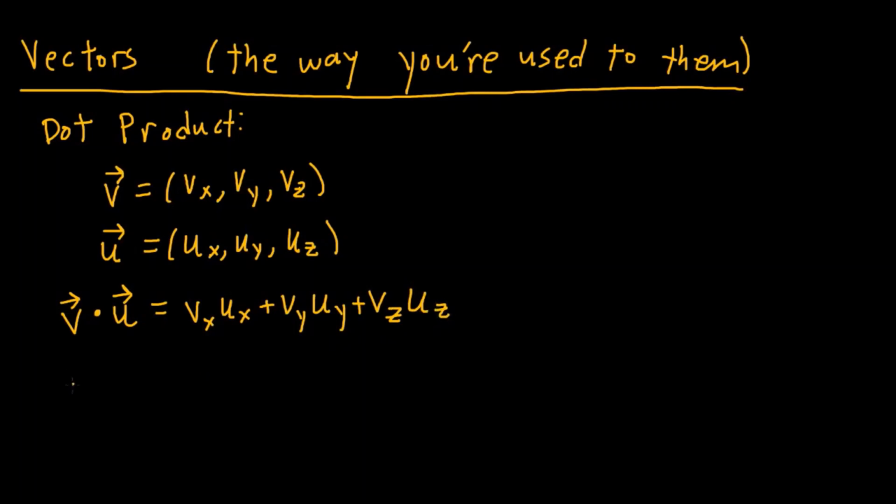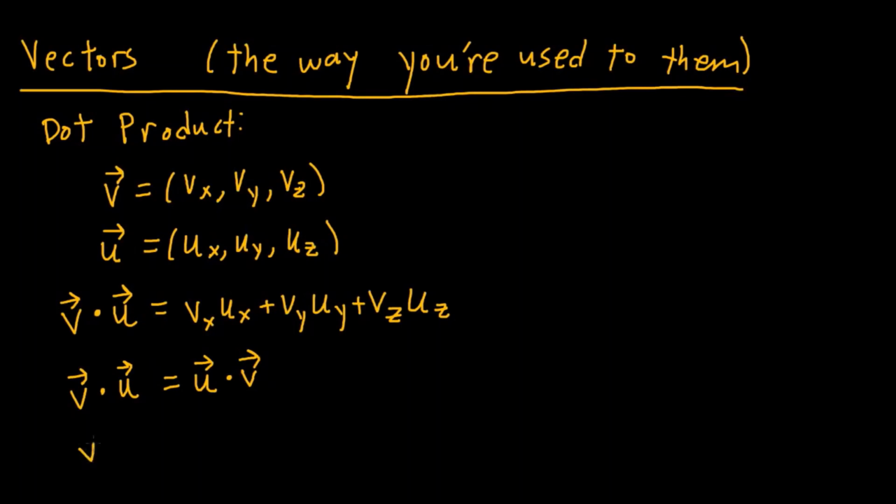And notice that v dot u is equal to u dot v. So the dot product is what we call symmetric.